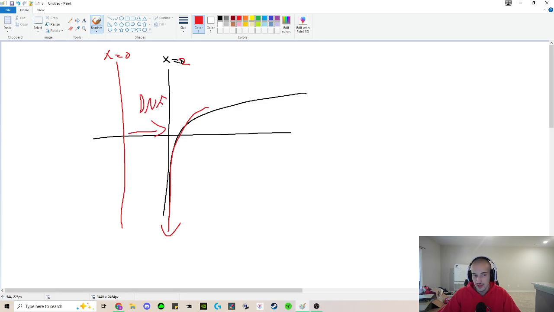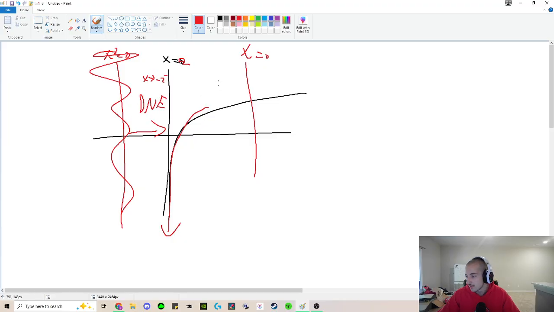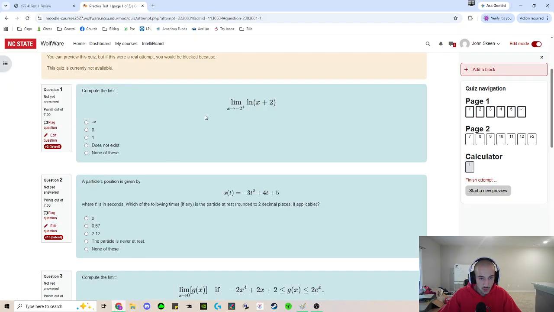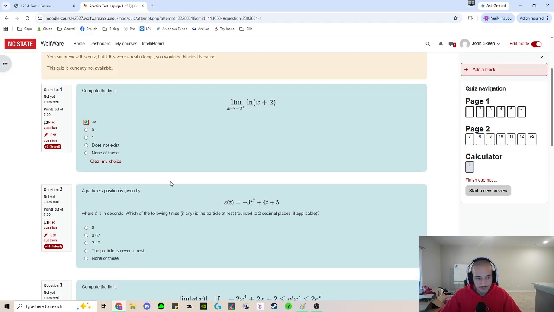It doesn't matter. X approaches -2 from the negative side would be DNE, and x approaches -2 from the positive side is going to be negative infinity. So the total limit would be DNE, but here we're going to say negative infinity because we're going from the right.